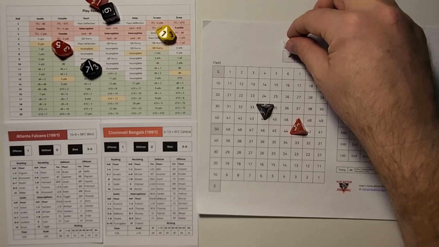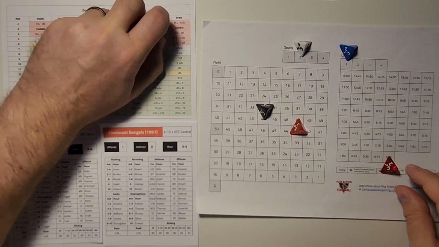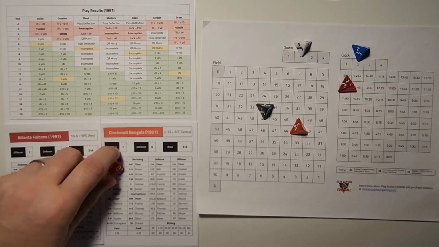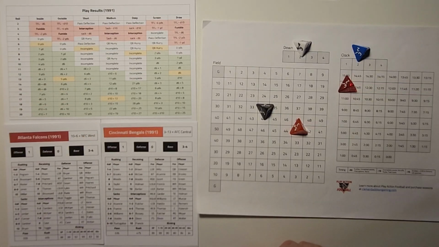Takes it to the 47. And that takes us to the end of the first quarter. So as we start the second quarter, our score is 7-3, Atlanta over Cincinnati.